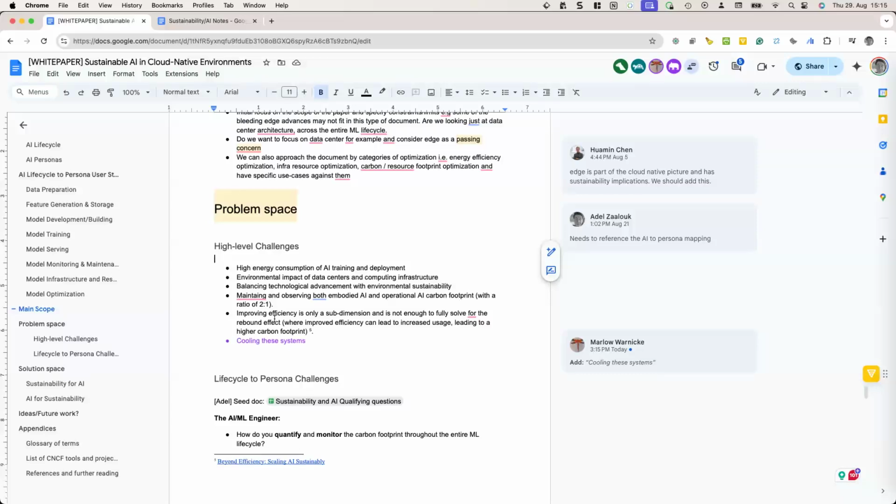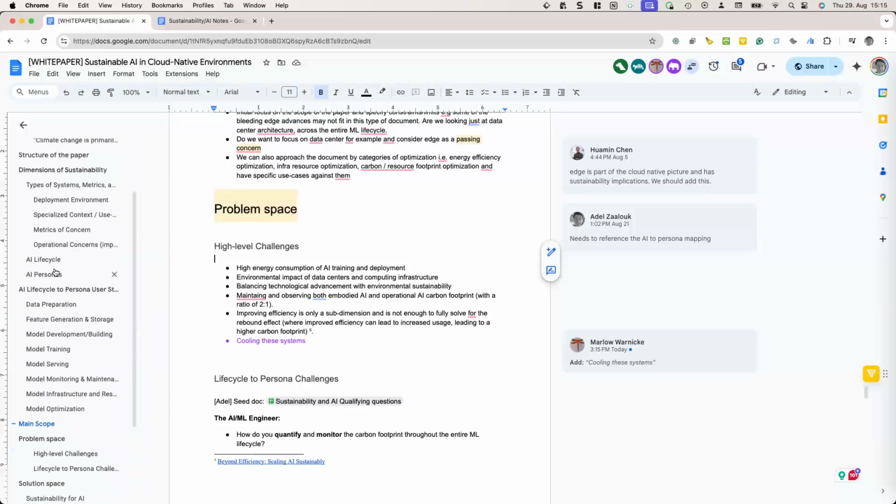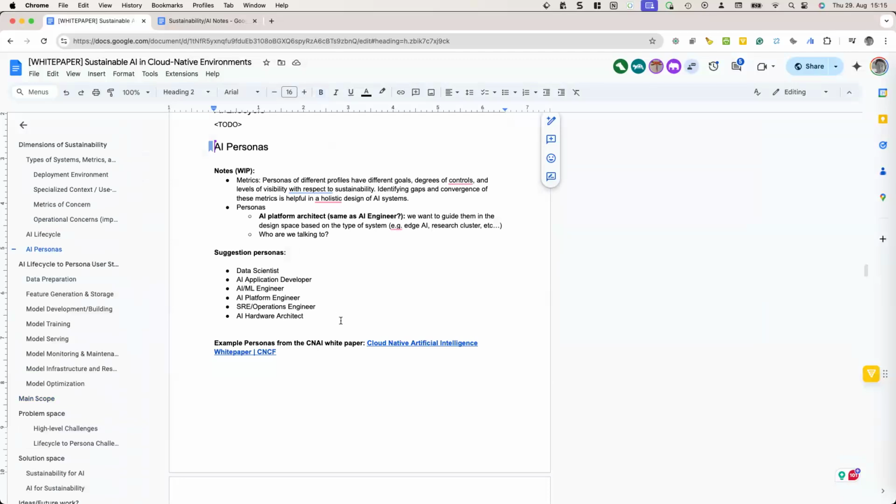The other one I was looking at was the systems and the personas. Personas are pretty, yeah, because we haven't done them. We have suggested personas. Yes, this needs to be fleshed out, or referenced from other places.